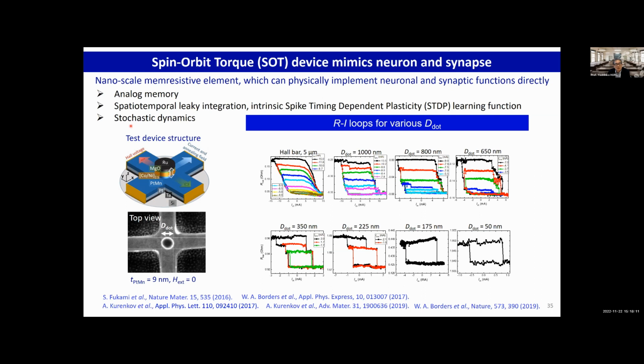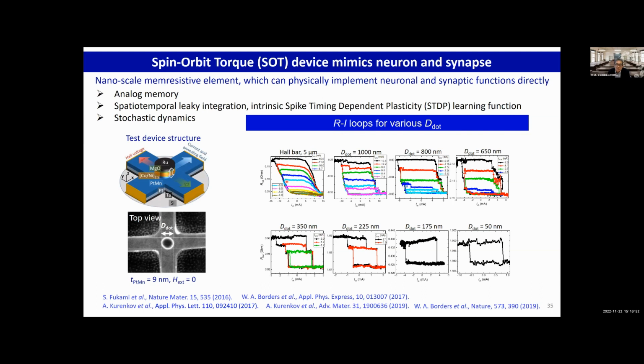This is the test device structure, and you can see the cylinder shape of the device here. If you look at this from the top, you can see that the diameter of the circle is defined by d dot. If we change this d dot from the larger size to the small size like this, you can have several kinds of RH loops, which is a memory loop, for the same device but with different size.